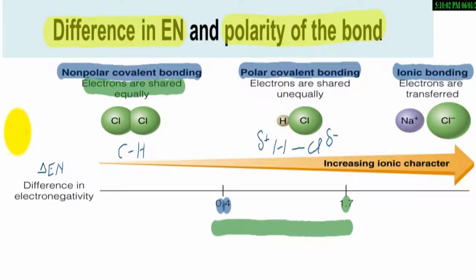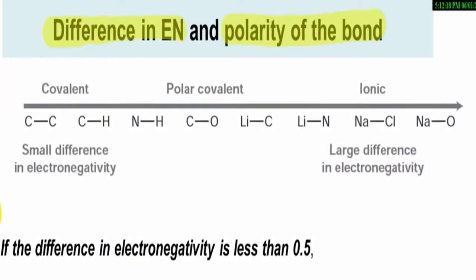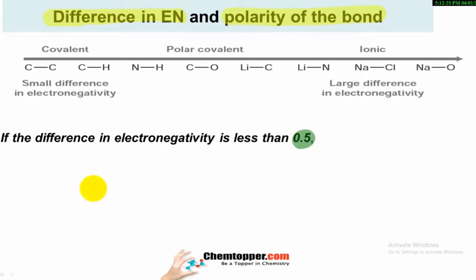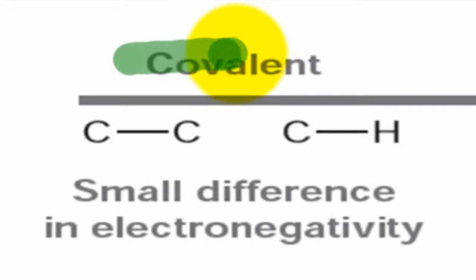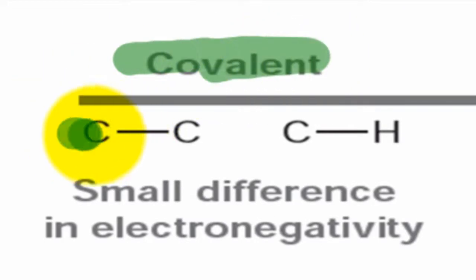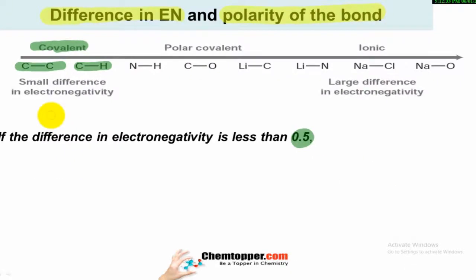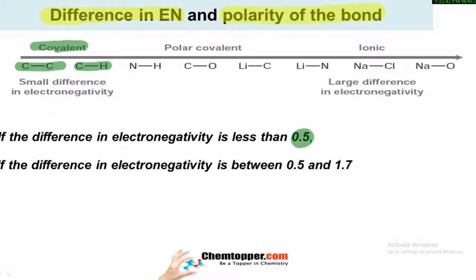If the difference in electronegativity is less than 0.5, the bonds are considered non-polar covalent bonds, for example carbon-carbon and carbon-hydrogen bonds. The difference here is very small. If the difference in electronegativity is between 0.5 and 1.7, the bond is a polar covalent bond.